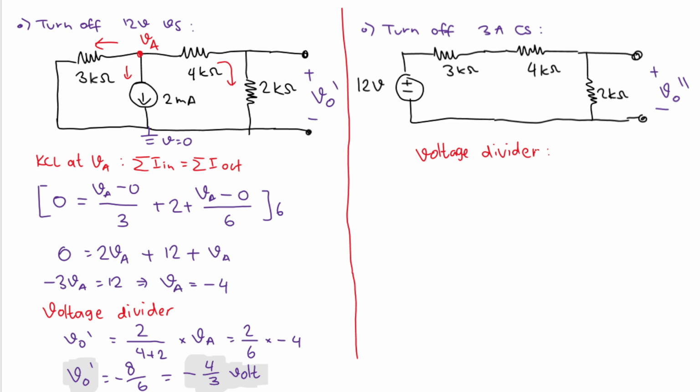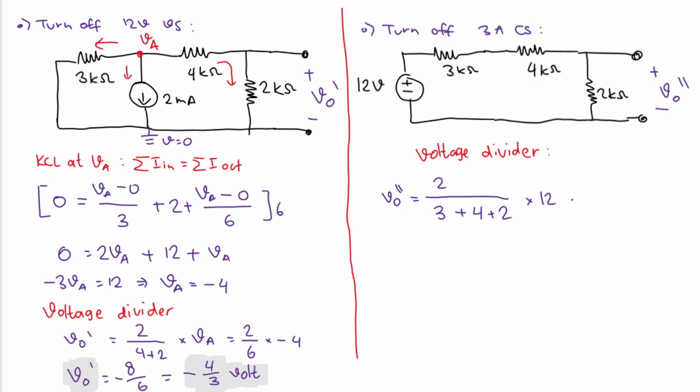And what can we get from here? We can get that 2 kilo ohm. So we'll have V0 double prime is equal to 2 kilo ohm here divided by 3, and then plus 4, and then plus 2. And that will be multiplied by this voltage source, which is 12.